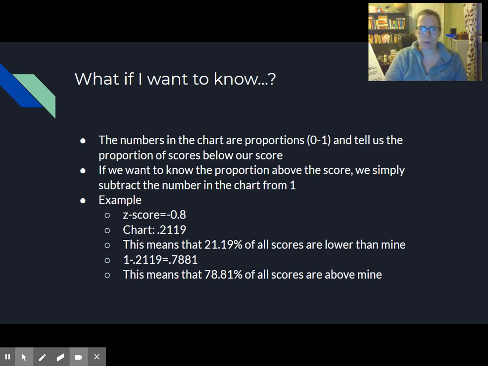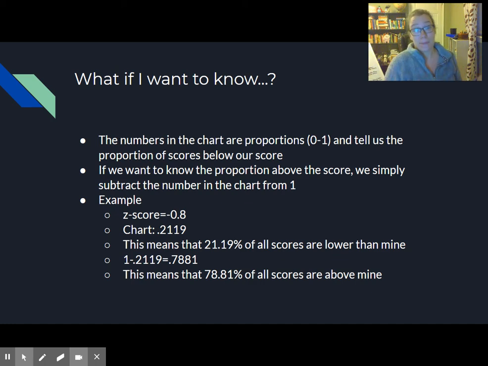But if I want to know how many people are above me, then I just take 1 minus the proportion, which is 0.2119, and that gives me 0.7881. Then I can turn that into a percentage by multiplying by 100. And that tells me that 78.81% of all scores are going to be above mine in this distribution.